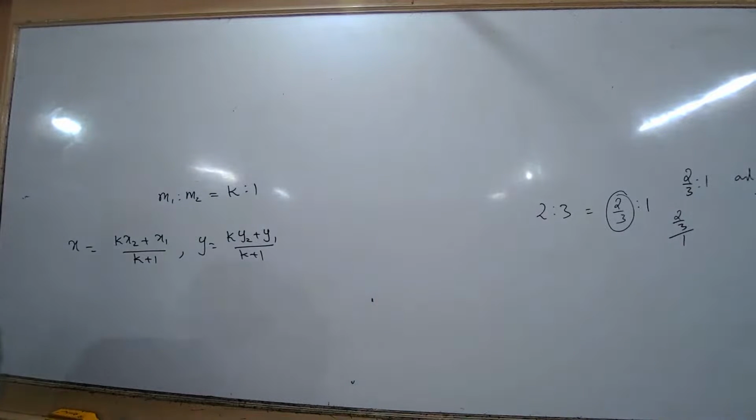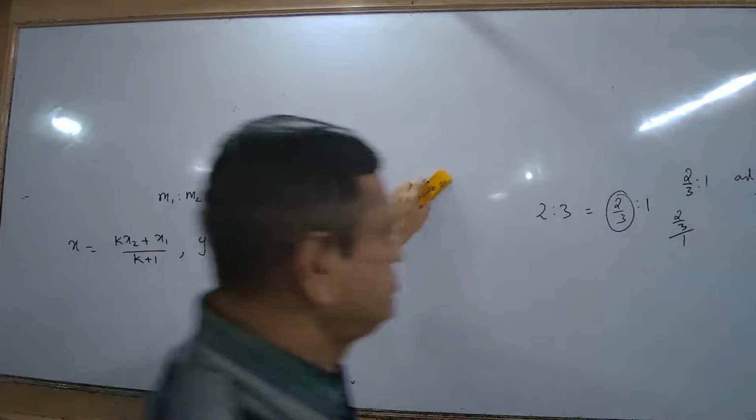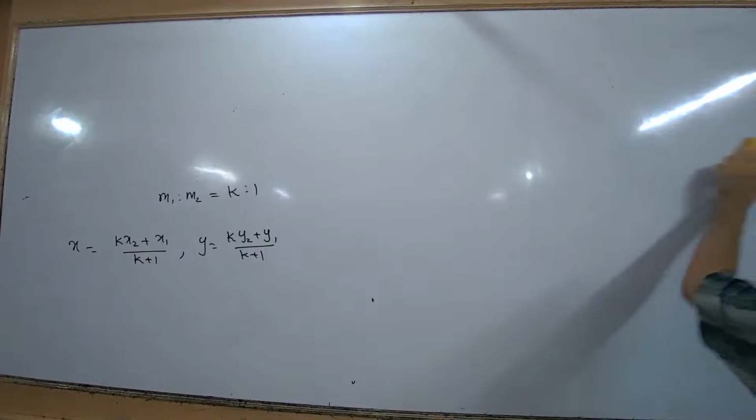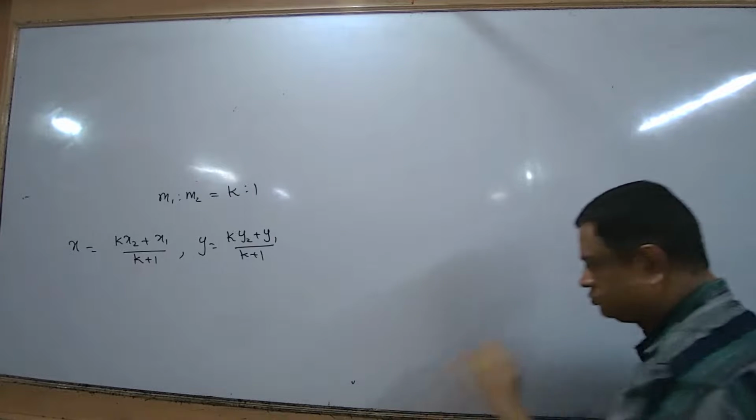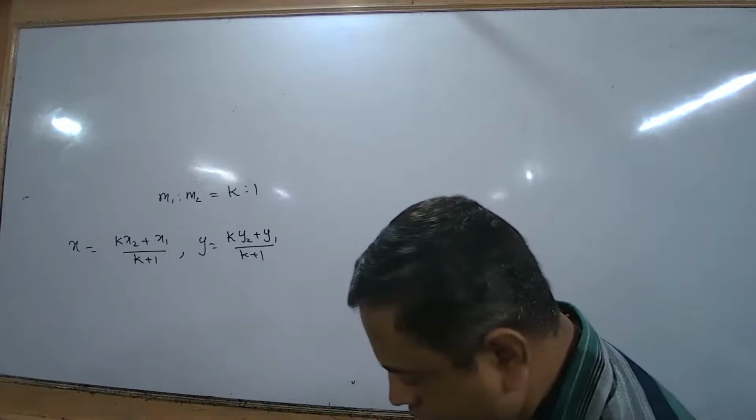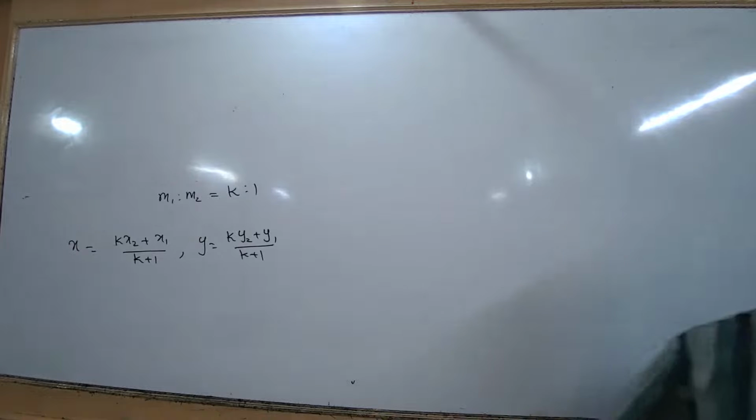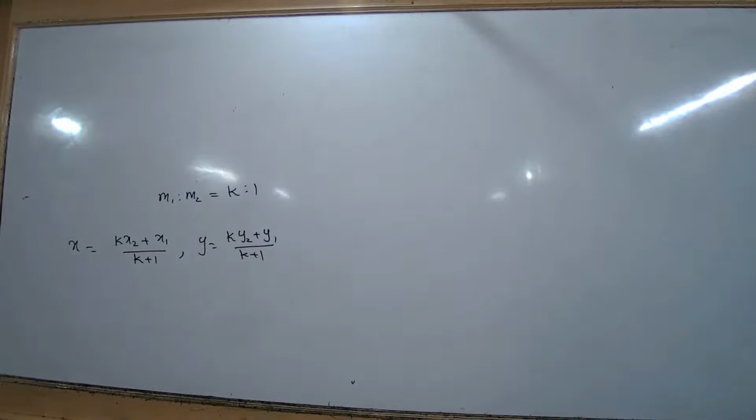Then x is equal to (k x2 plus x1) divided by (k plus 1). Instead of m1 we write k, and m2 we write as 1, so 1 into x1. And y is equal to the same way. Written, all of you? Okay, this is the second part of the section formula.